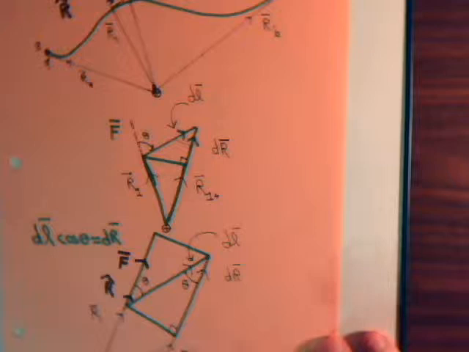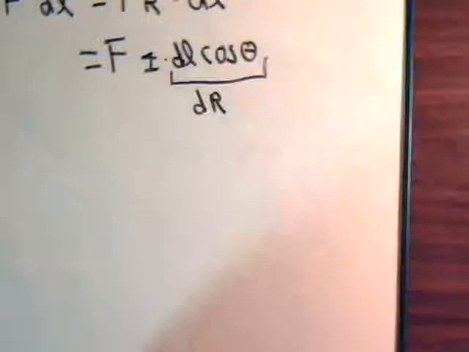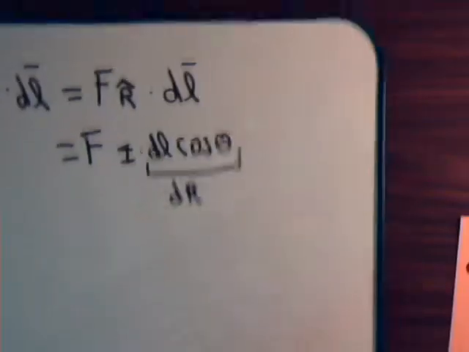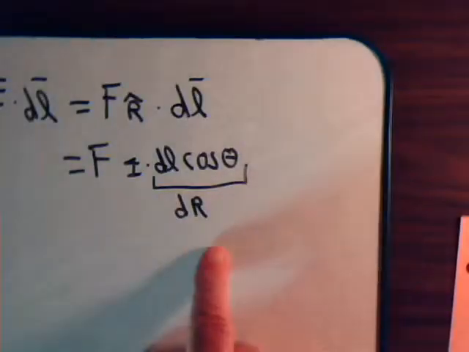Well, we have the expression now dl times the cosine of theta. That's just dr. Here's dl, here's dr, there's theta. This times the cosine of theta is just dr. And that's what we have right here.